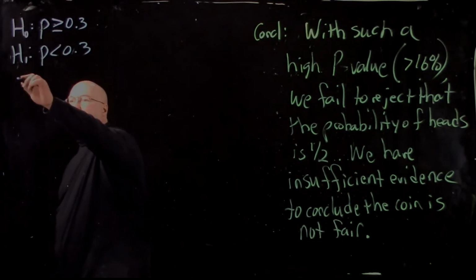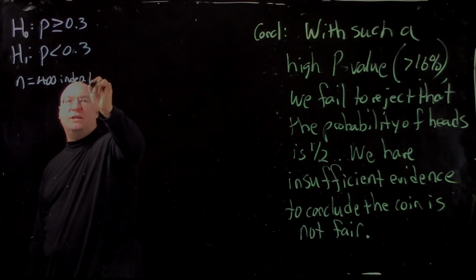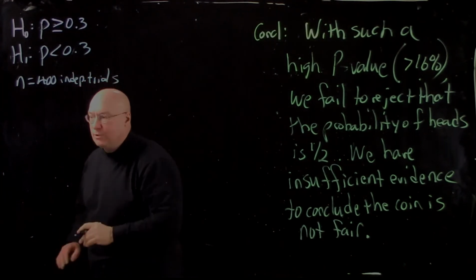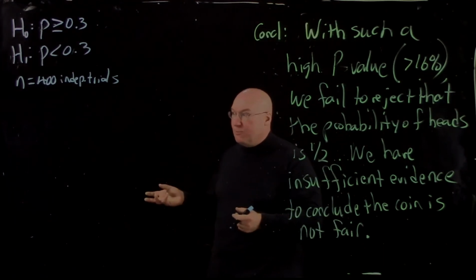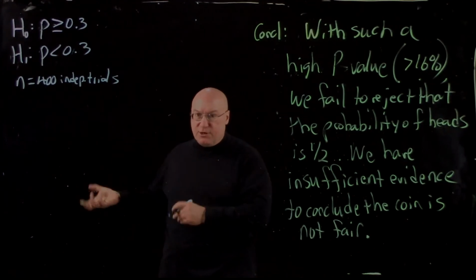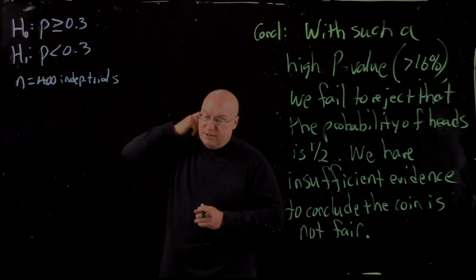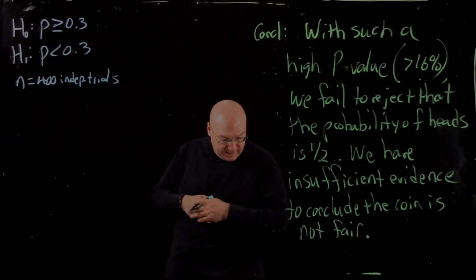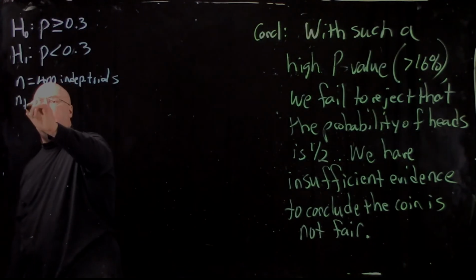Okay, well, n equals 400, and they're independent trials. If I survey totally randomly 400 voters and ask them whether or not they have a favorable opinion of him, then it's either a yes or no question. So I have two categories, and they're totally independent, each one from the other. And what is np naught?